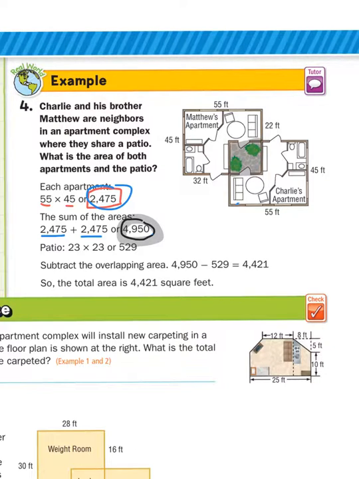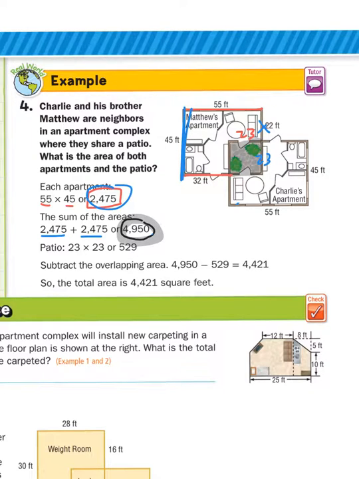Ready? This whole thing is 55. Take away 32, and if you do 55 minus 32, you're left with 23. Now, this other side here, this whole side is 45, but we don't need this. So if you do 45 minus 22, you're left with 23.